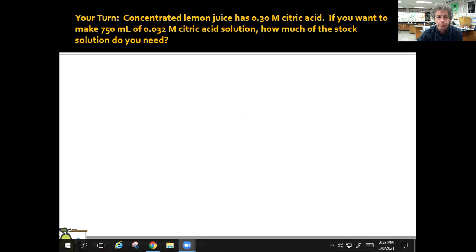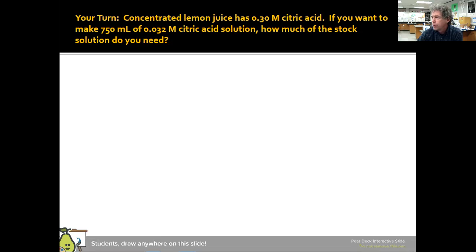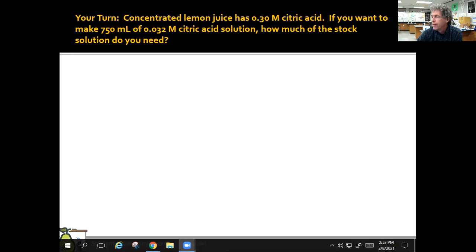A second problem could be this. Concentrated lemon juice has 0.3 molar citric acid. If you wanted to make 750 milliliters of 0.032 molar citric acid, how much stock solution do you need? Again, we could go to the whiteboard here. We know that M1V1 equals M2V2.